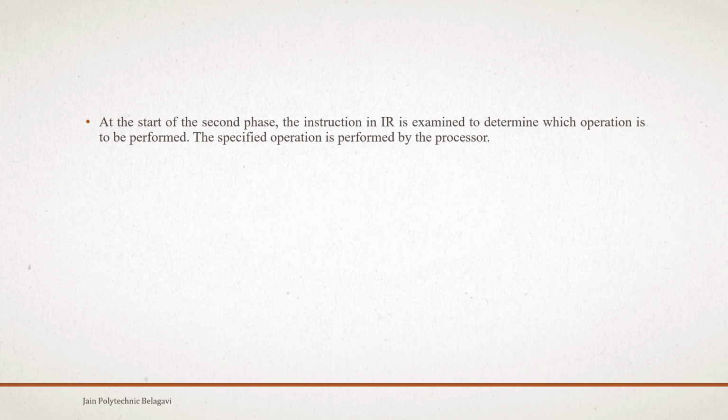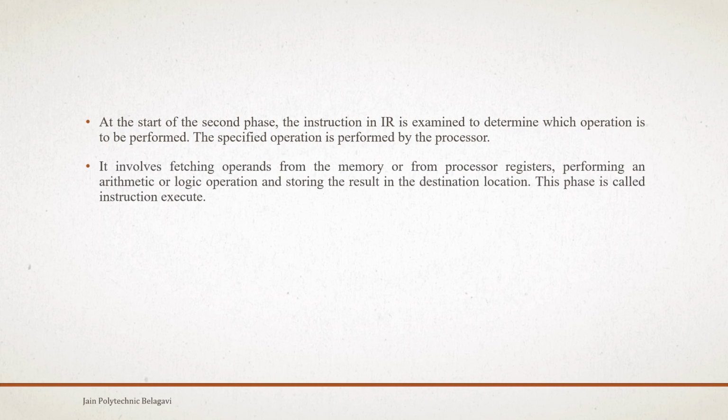Before the second phase, it determines what operation the processor has to perform. It may involve fetching operands from memory or from processor registers, performing an arithmetic or logical operation, and storing the result in the destination location.